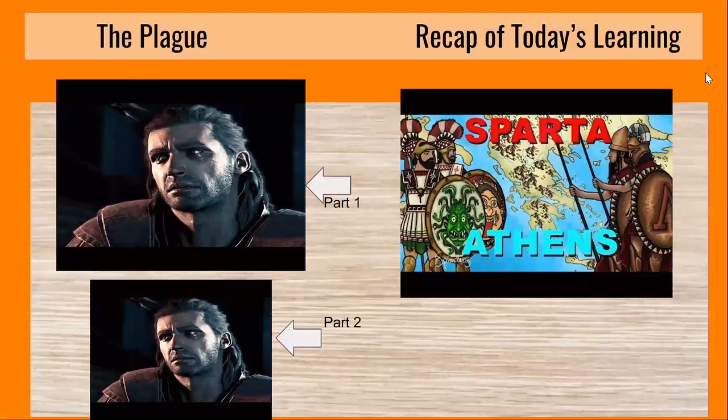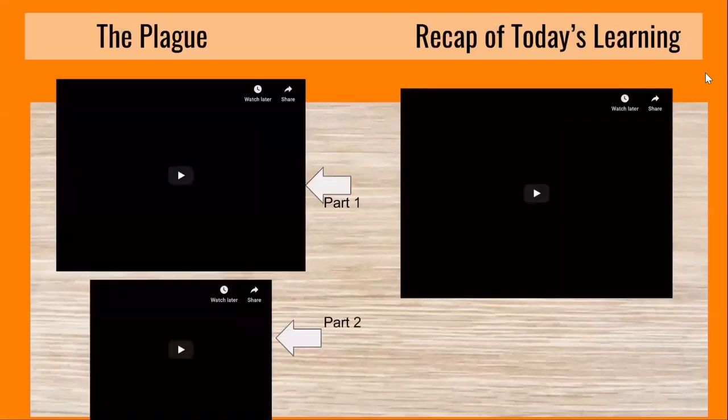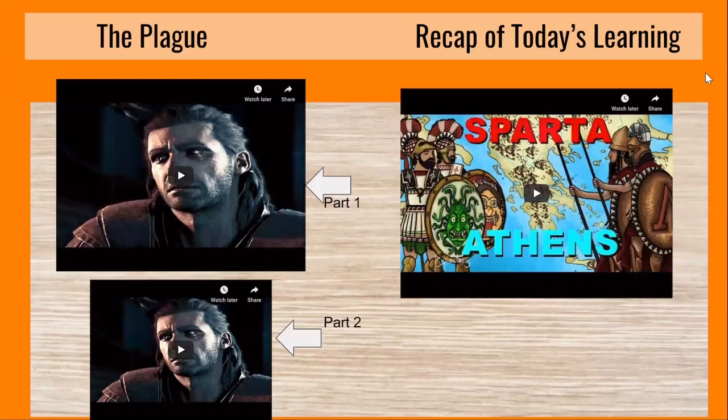This slide here has some videos for you guys to take a look at and to watch. So this video right here, part 1, is from Assassin's Creed Odyssey. This is showing you kind of the plague and the leader Pericles and his sickness. Part 2 is his death.